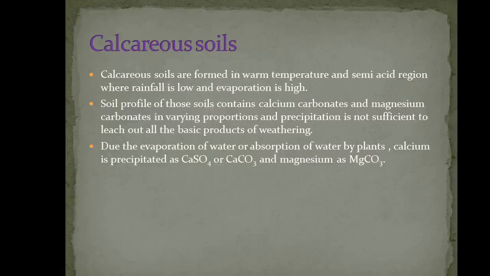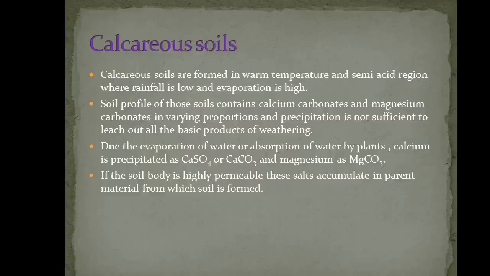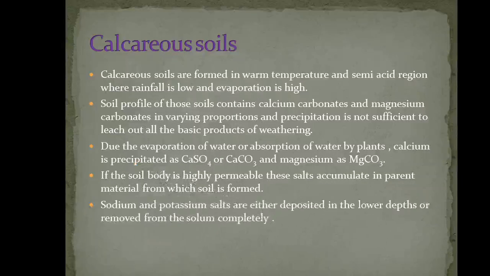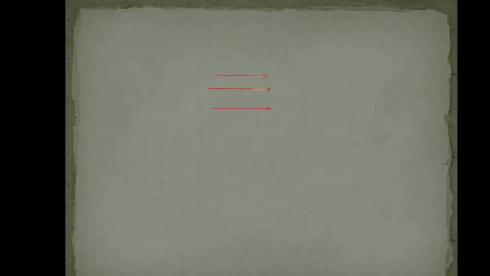Due to the evaporation of water or absorption of water by plants, calcium is precipitated as CaSO4 or CaCO3 and magnesium as MgCO3. If the soil body is highly permeable, these salts accumulate in the parent material from which soil is formed. Sodium and potassium salts are either deposited in the lower depth or removed from the soil completely.